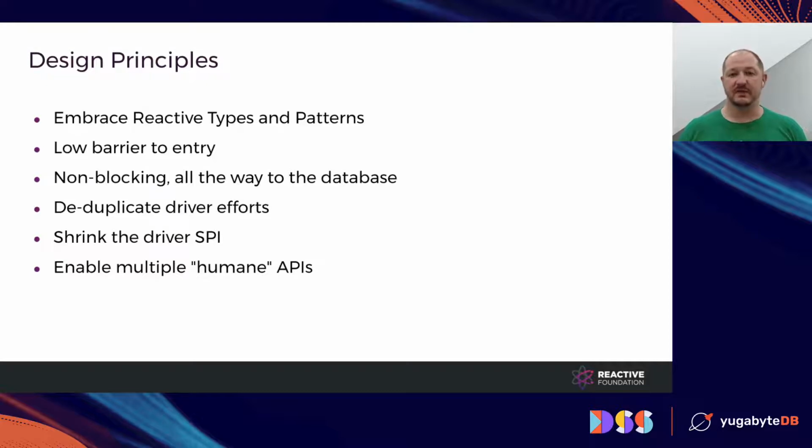In fact, it's not only an API, but also an SPI, which stands for Service Provider Interface. The driver implements that service provider interface, passes the TCK, and then it's an R2DBC compliant driver. And all this is to enable multiple humane client libraries on top of the R2DBC specification.